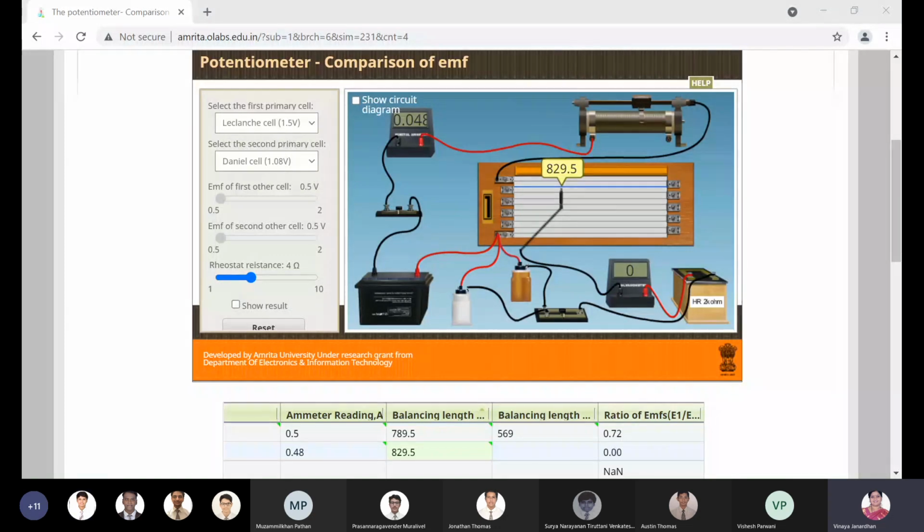Rishit has sent it. Ayan has sent. Boys, complete your work. Jonathan, I have already marked. Fadil, yes. Siddharth, fine. Surya, did I write? Okay.